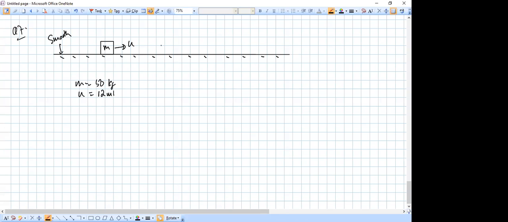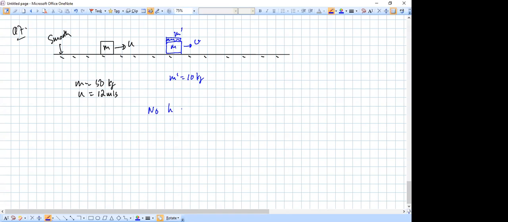Now, after some time, as it is moving, by the time it reaches somewhere here, we are adding some mass on top of it. So its velocity will change as it picks up this mass. So the additional mass that we placed on it is 10 kg. But as we place this mass, there is no external force that is acted on the system. So momentum should be conserved.